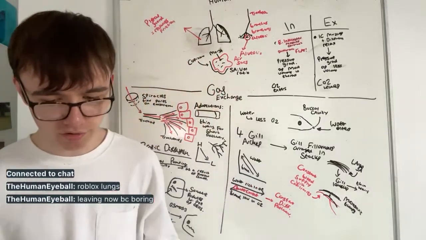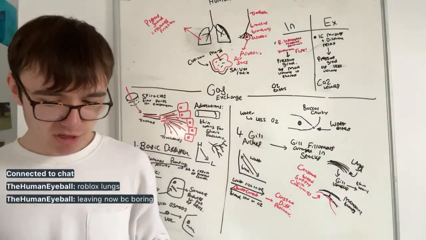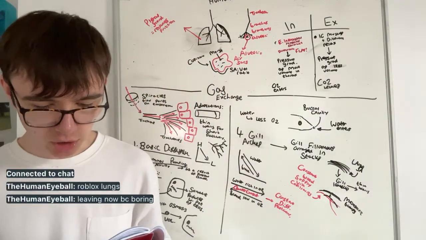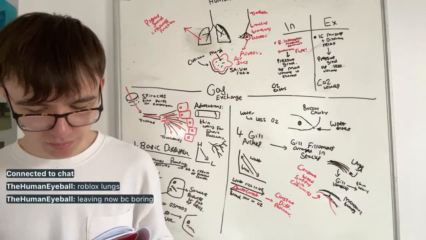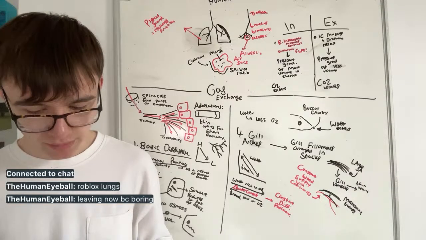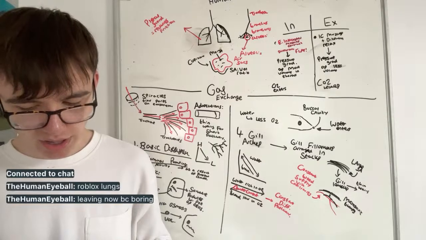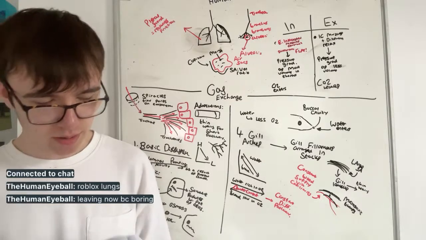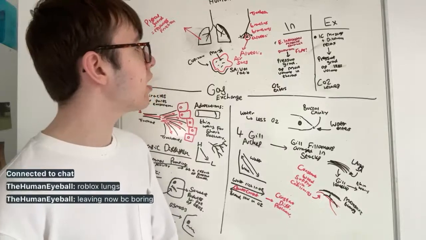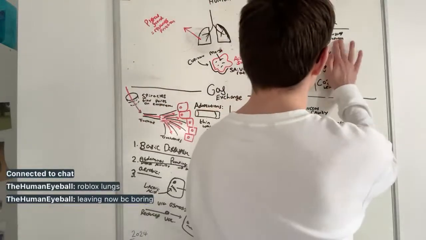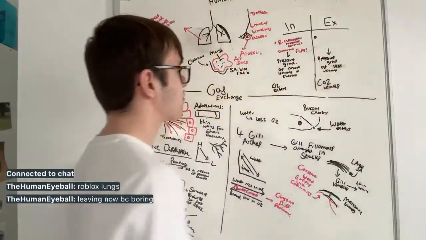Have I made a mistake or has she made a mistake? Expiration occurs when the rib cage lowers and the external muscles contract slightly. A pressure gradient is created as there is higher pressure in the thorax, causing air to move down the gradient and out of the trachea. I don't know whether I've made a mistake there or she has. I'm confused as to what she's trying to specify there.